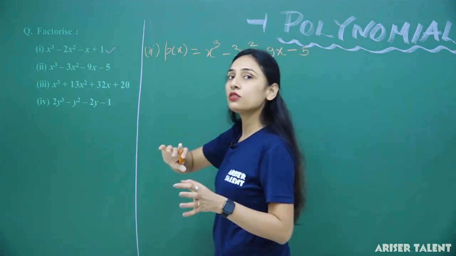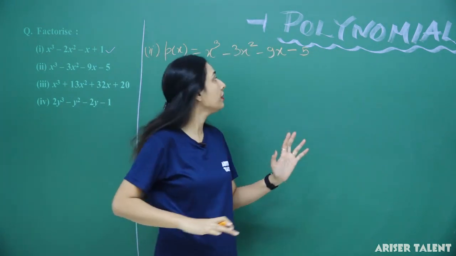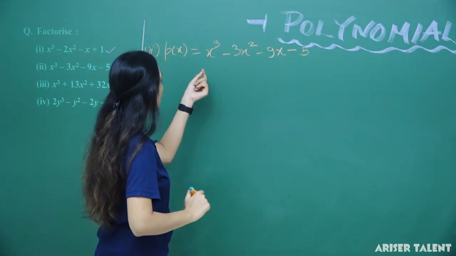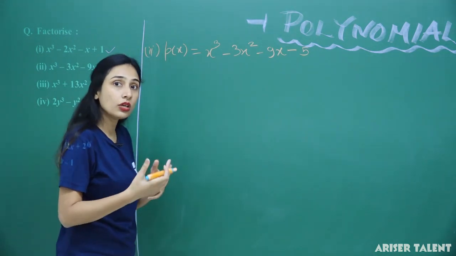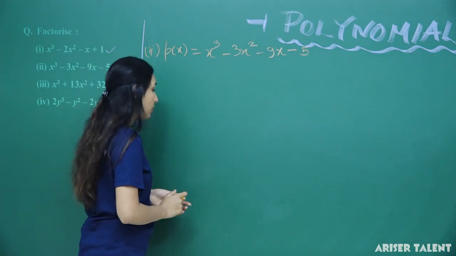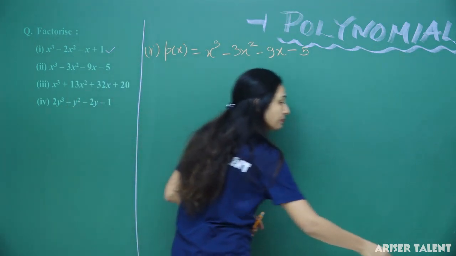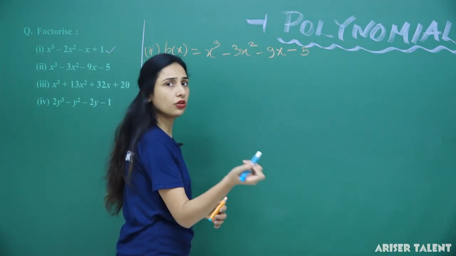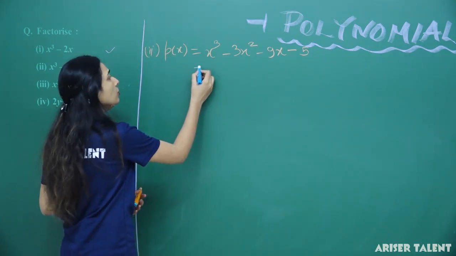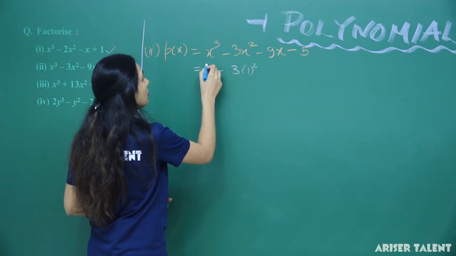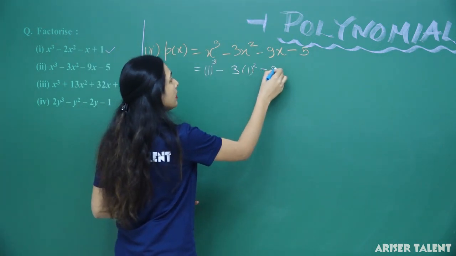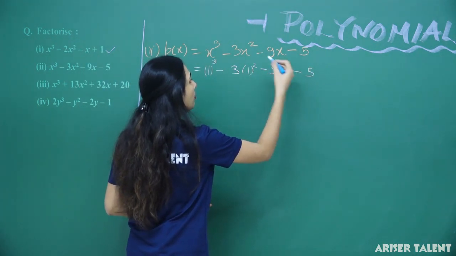So, plus minus 1 is my favorite. I just insert 1 and minus 1 as values of x and look whether the value is 0 or not. So, let me take plus 1, okay. So, 1 cube minus 3 into 1 square minus 9 into 1 minus 5.